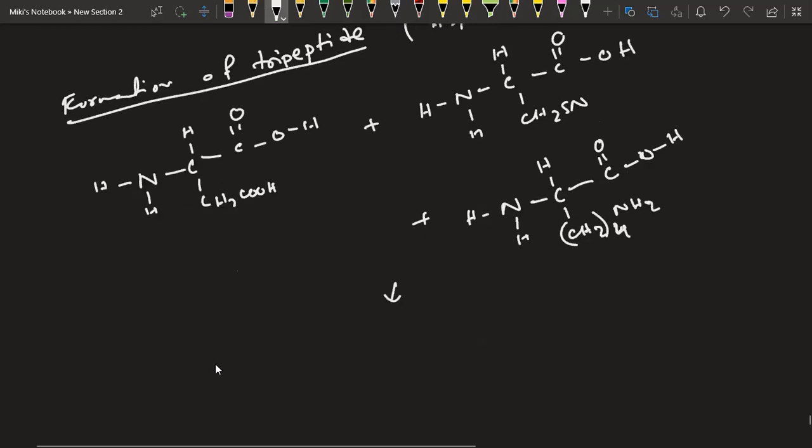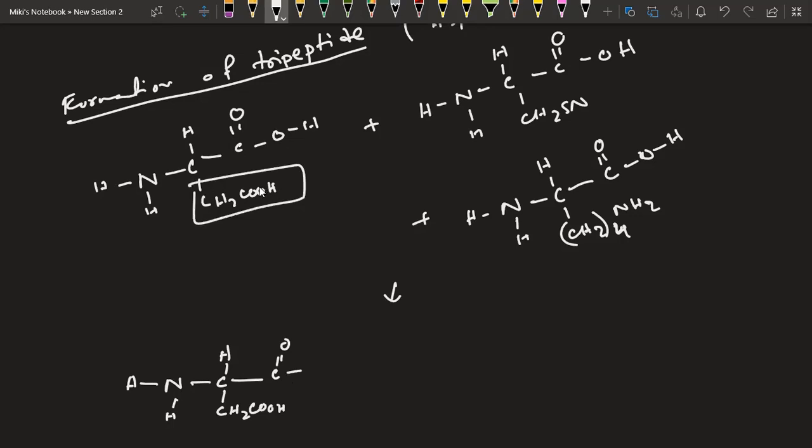So that could be done. Now, at first, the first molecule should be aspartic. So our aspartic acid, the amino acid where it contains the aspartic acid, CH2COOH, and we have this C. Remember, only this is not the aspartic acid.